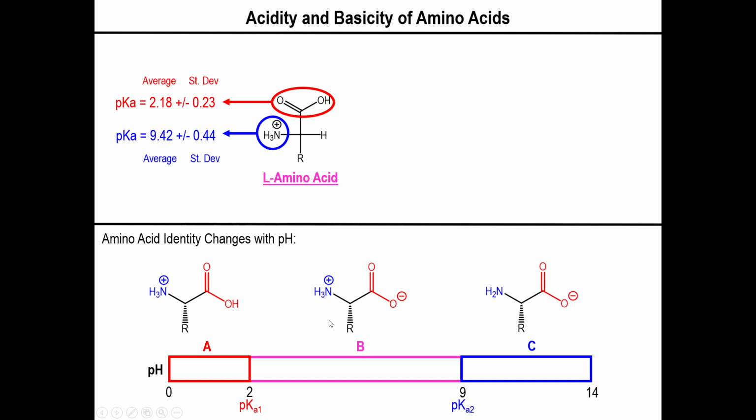So what you can see right here is that in region A, the overall charge of the amino acid is +1. In region B, the overall charge is 0, or neutral. And in region C, the charge of the amino acid is -1. So you're basically decreasing the charge by 1 unit as you go past each of the pK values.